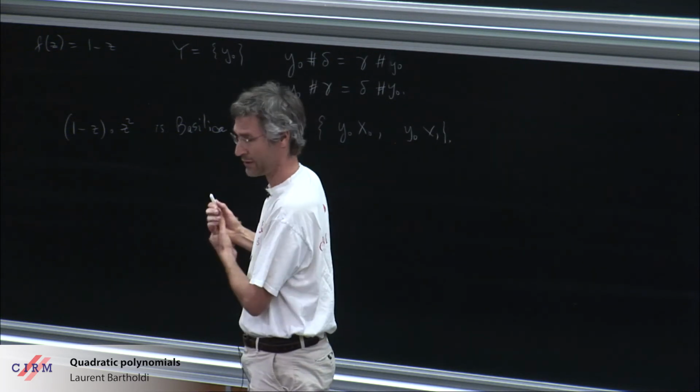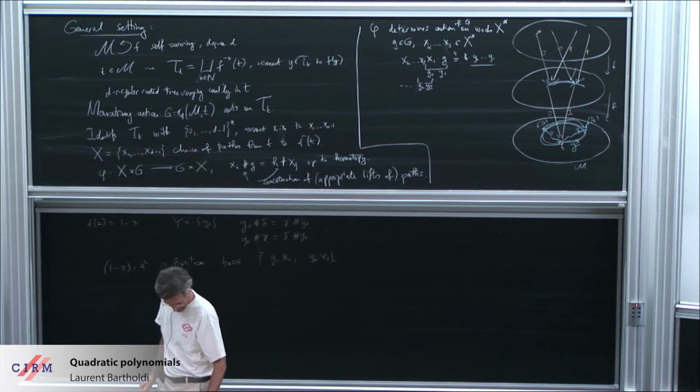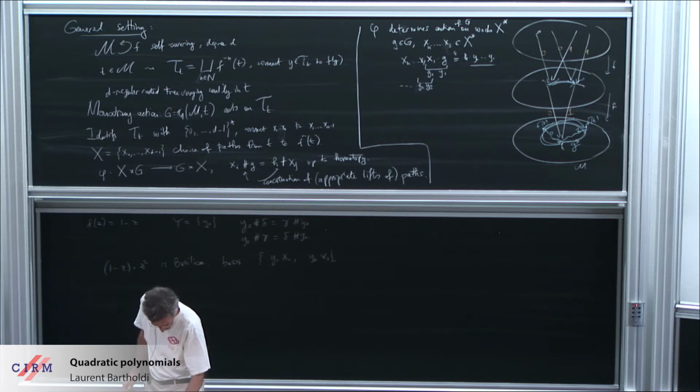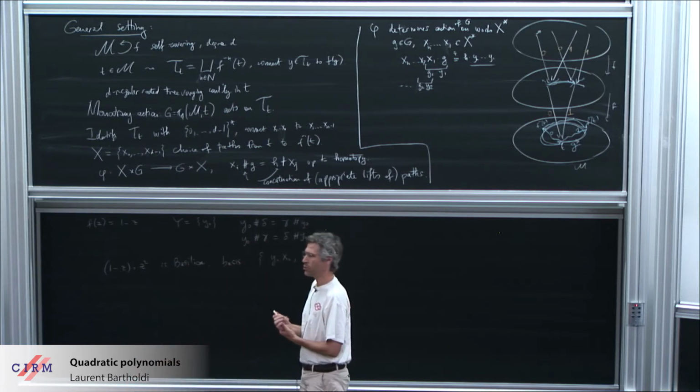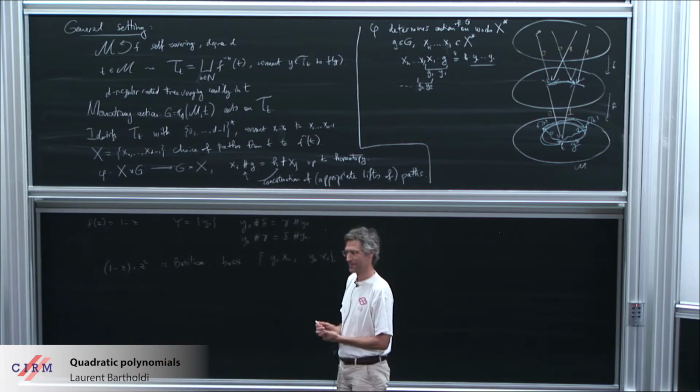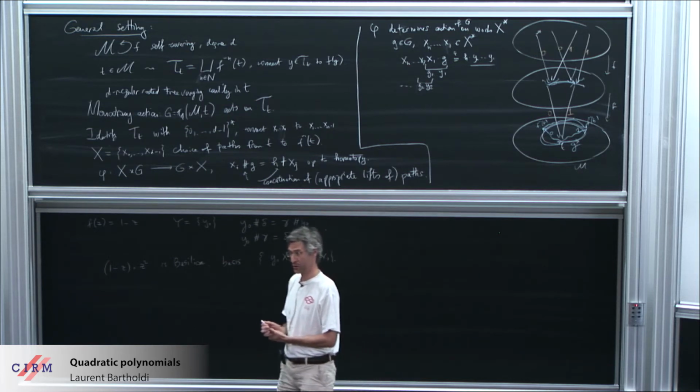And this is the way to do it. Okay, so, how do you describe a mapping class, say of a finitely punctured sphere?